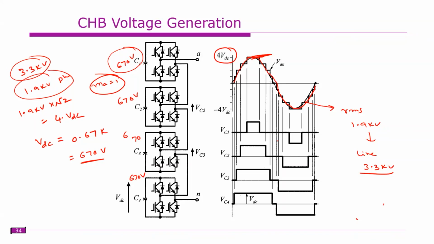So this will work out well if the number of H bridges is more. If n is a large value, the accuracy will be high, very high. If n is equal to, for example, 2 or 3, the stepped waveform is not a close approximation to a sine wave.